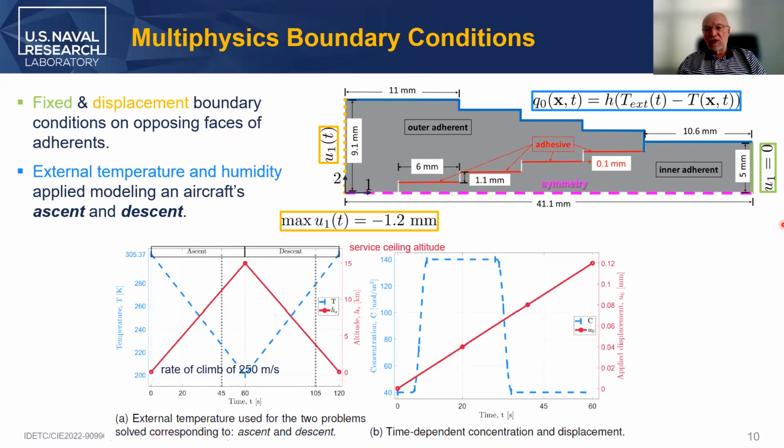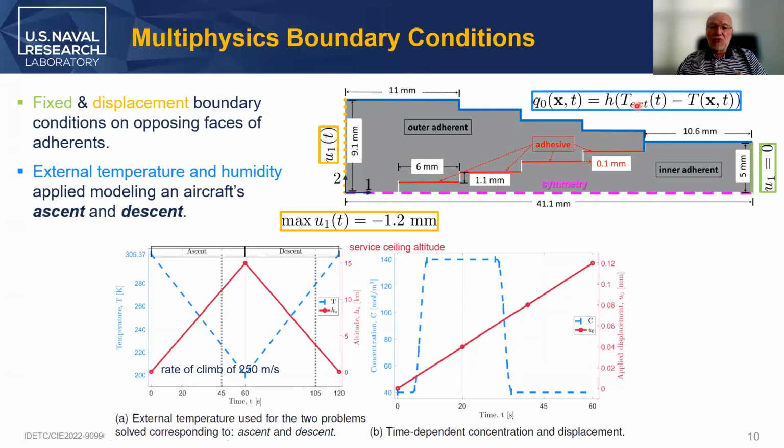That is a symmetric model, so this is a symmetry plane. And then we applied the environmental boundary conditions on the outside, both heat flux and humidity conditions that go up to this gap that you see here with my pointer.